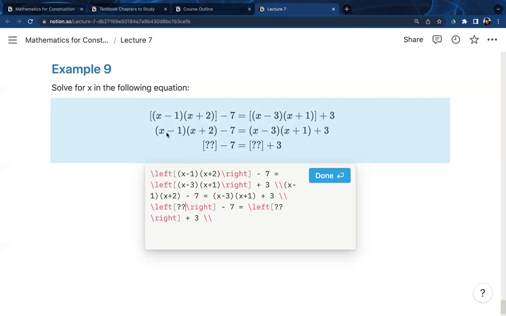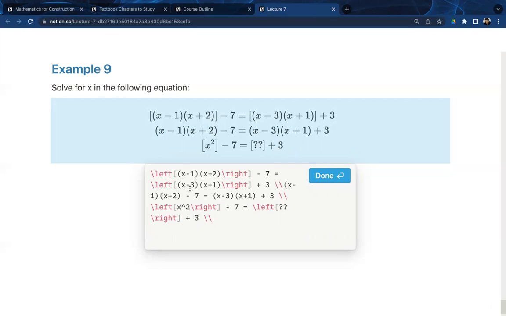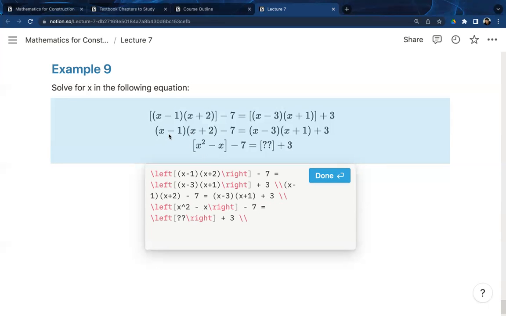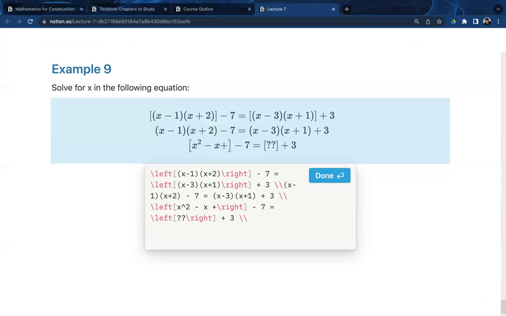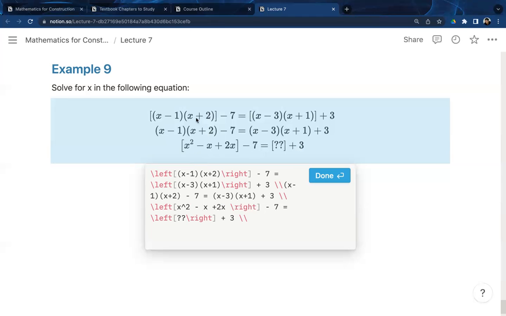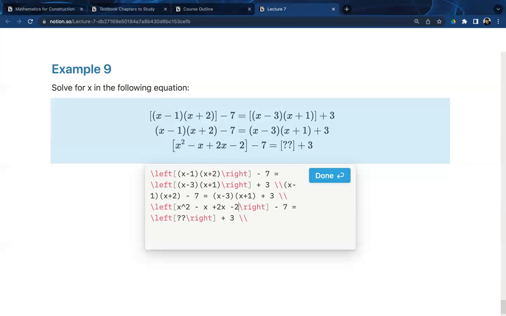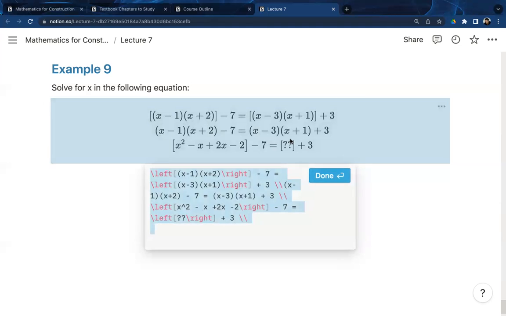Okay, so we go. X by x is x squared. Minus 1 by x is minus x. Right? That's the two things by x. Now the two things need to be multiplied by +2. So x by 2 is plus 2x, and minus 1 by 2 is minus 2. Okay, so that's the expansion for that. On the right hand side, I have something similar happening.